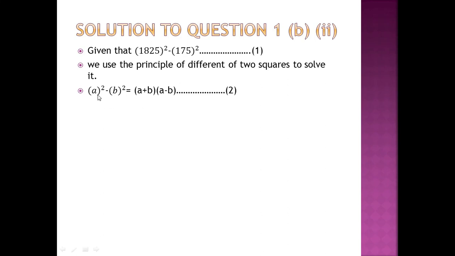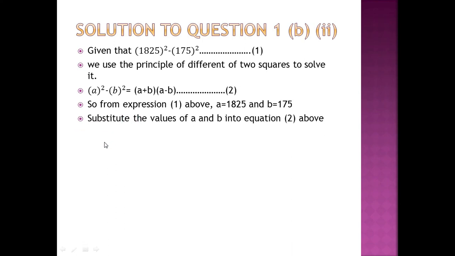So the technique is a squared minus b squared equals a plus b in brackets, times a minus b in brackets. We plug in the values. a from the expression is going to be 1825, and then b is going to be 175.